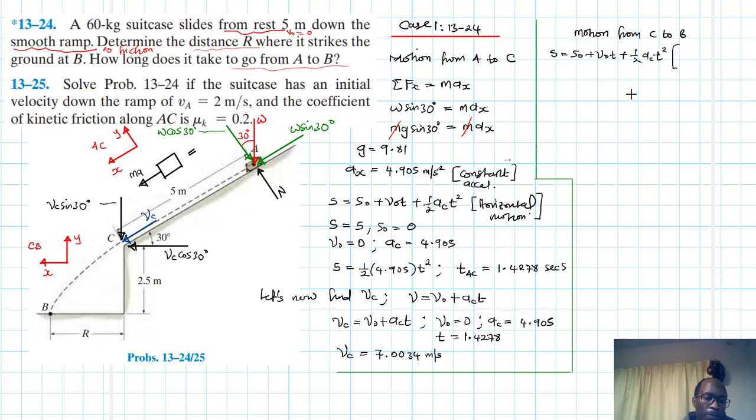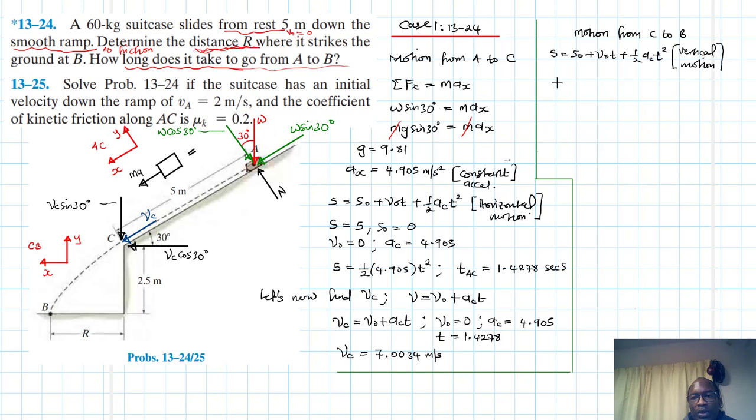And here we have all the inputs for the vertical, so I'll use vertical motion. Mind you, we are also supposed to find distance as well as the time.